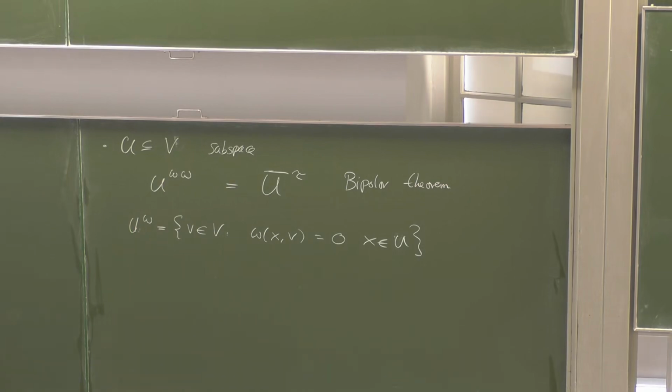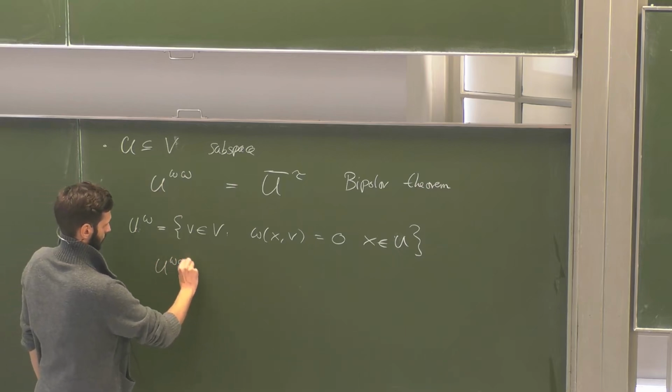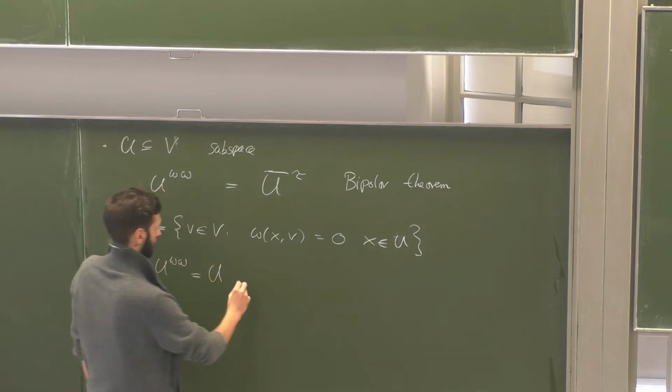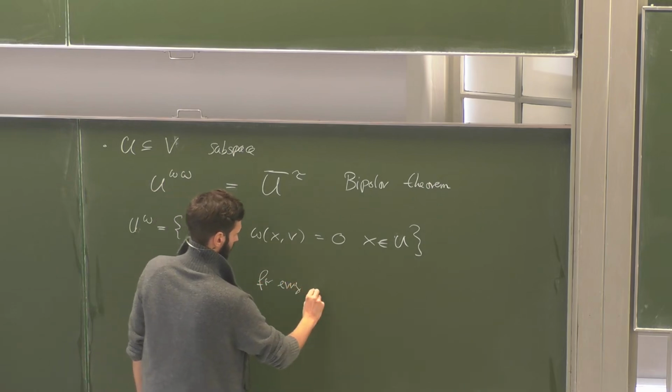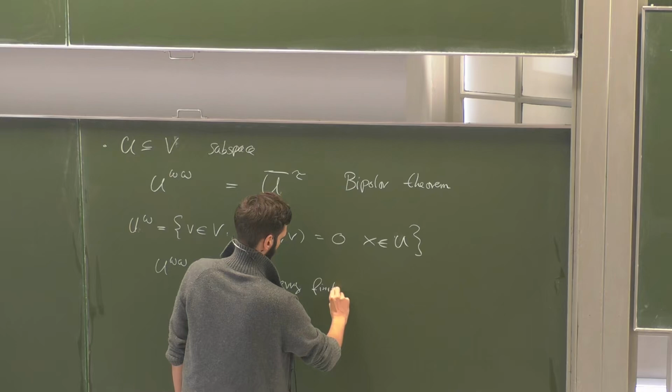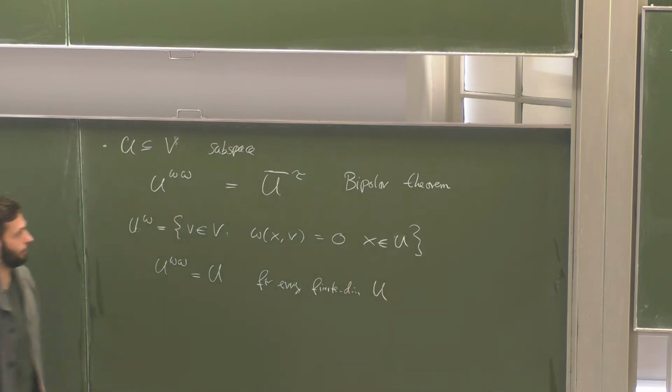One application that is relatively immediate from this topological viewpoint is, for example, that every finite dimensional subspace has this property that they are the same, just because they are automatically closed, regardless of what kind of topology I put on there.